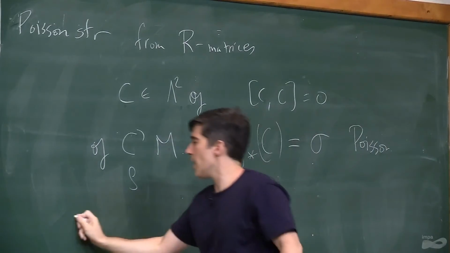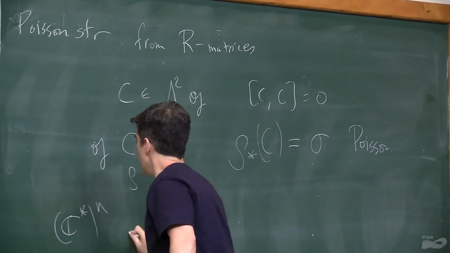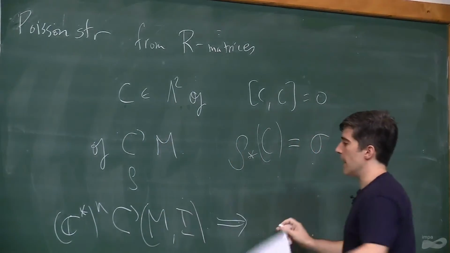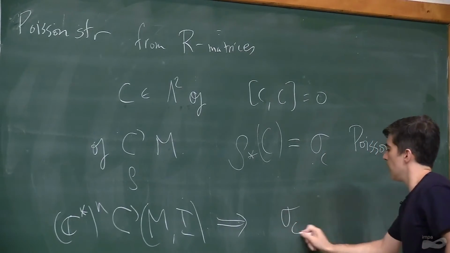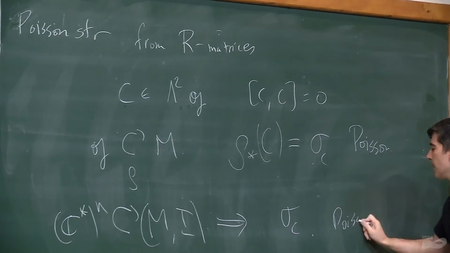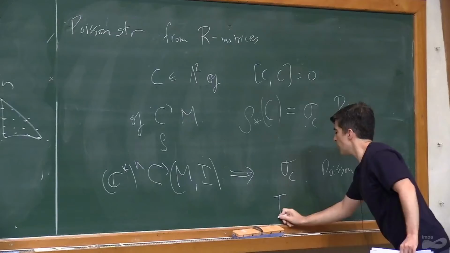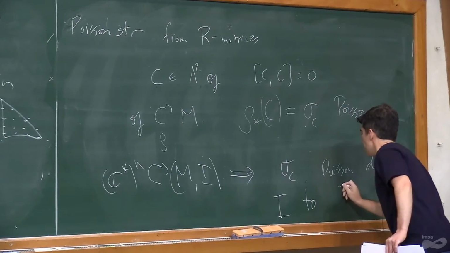In this case, we have (C*)^n acting on M. So we get this Poisson structure, which deforms the complex structure to a generalized complex structure, J.